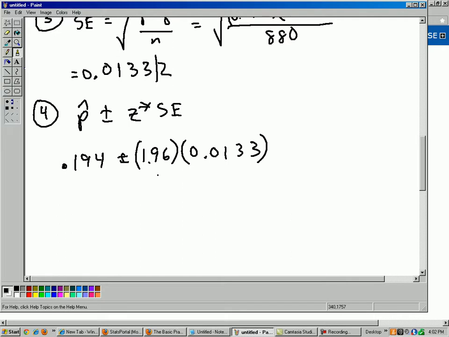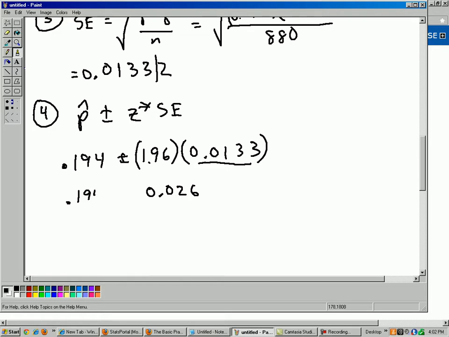First I need to multiply 1.96 times 0.0133. So 1.96 times 0.0133 is 0.0261. I'll just round it off to 3 digits now so I match my p hat here.